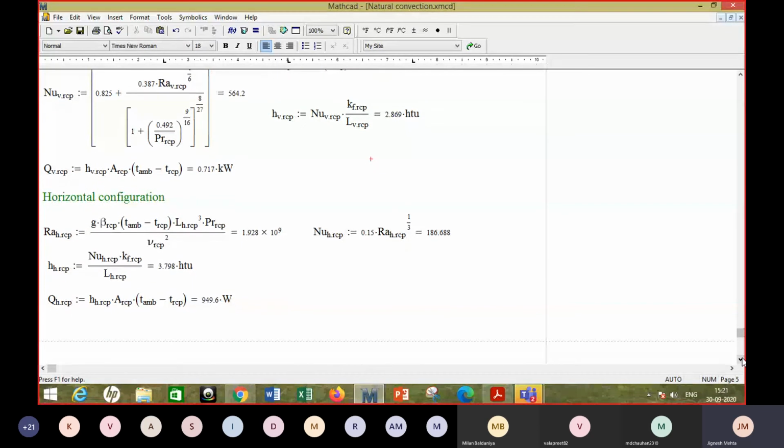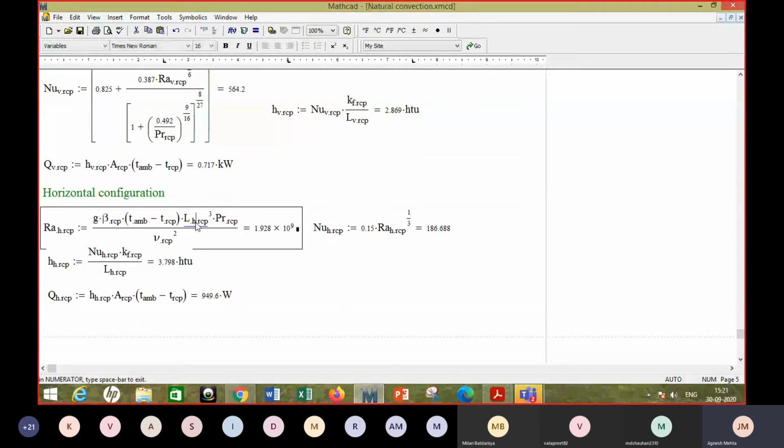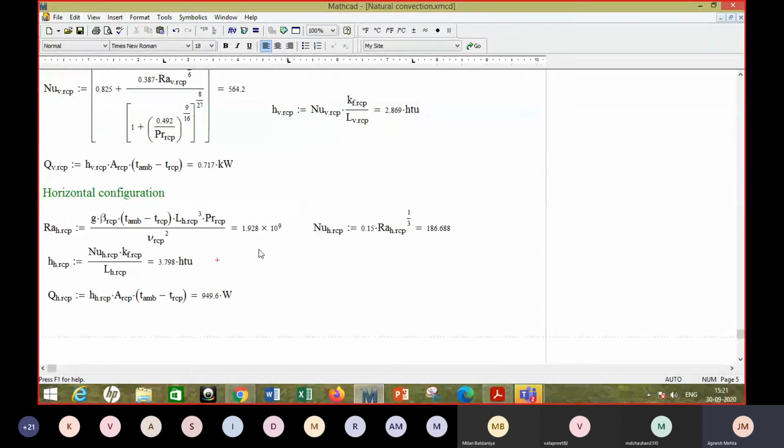So for horizontal configuration, again, you find the Rayleigh number. Only difference is that this value of L is 1/4 of the height, right? 1.25 meter. So here the Rayleigh number will be smaller, 1.9 into 10⁹, and the correlation that you will use is for the horizontal cold plate. So this is 0.15 Rayleigh number to the 1/3.